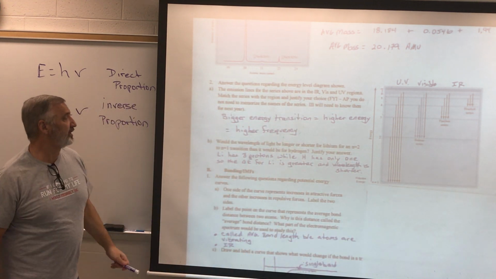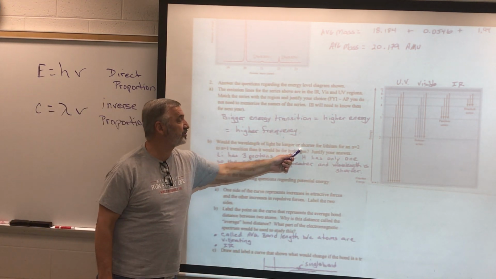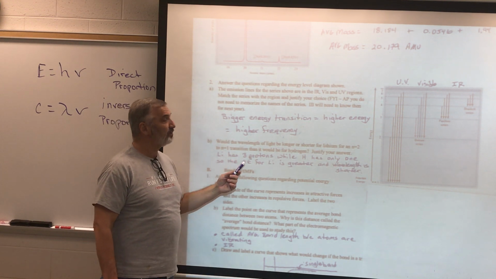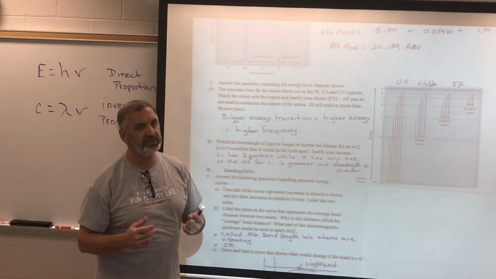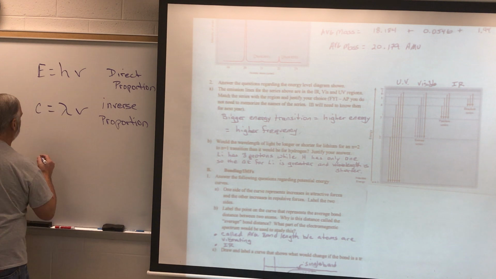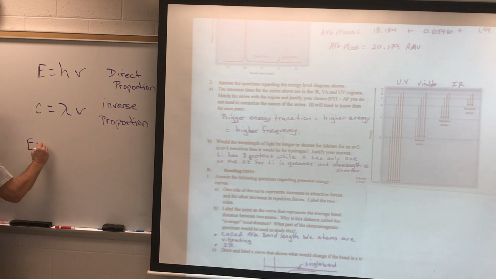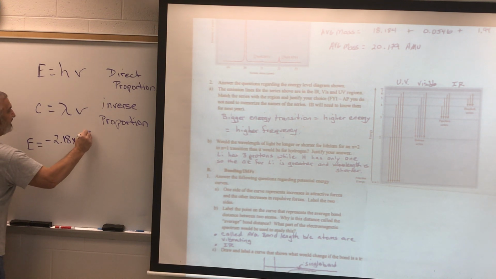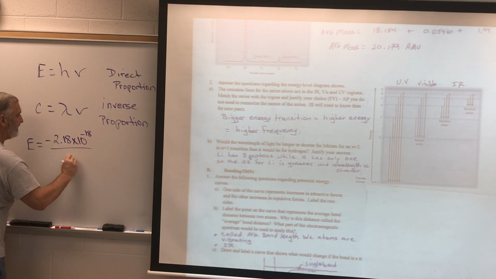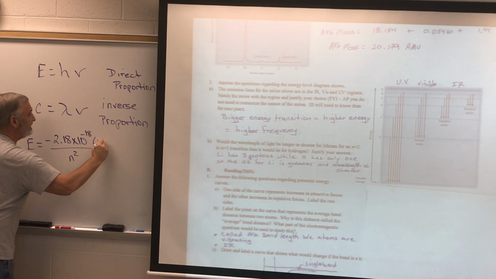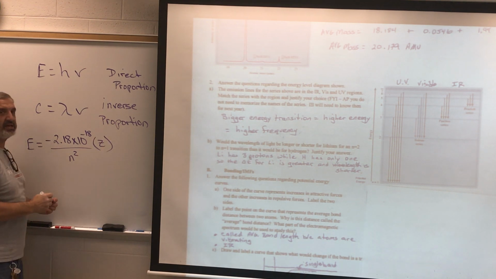So would the wavelength of light be longer or shorter for lithium, n equals 2? Well, lithium's got 3 protons, hydrogen only has 1. And again, if you recall the equation, E equals 2.18 times 10 to the minus 18th divided by n squared, you do not have to know this equation. But we have this Z up there. Z is the atomic number.